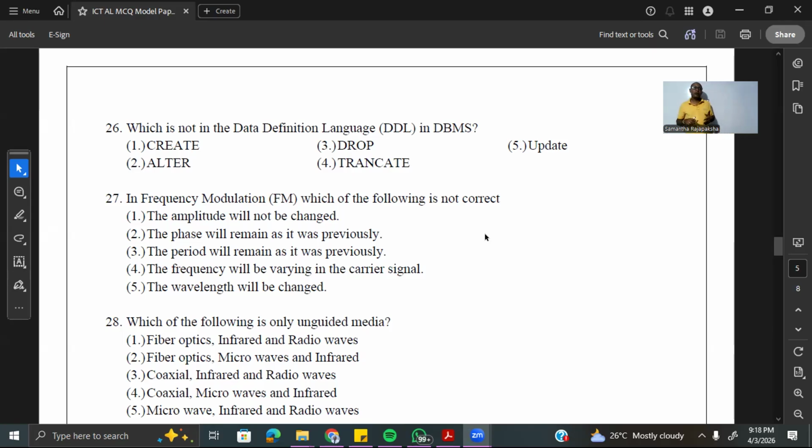So in frequency modulation, we are changing the frequency, in amplitude modulation, we are changing the amplitude, and in phase modulation, we are changing the phase. So always keep in mind, in frequency modulation, frequency will be changed. In amplitude modulation, amplitude will be changed, and in phase modulation, phase will be changed. So just keep in mind those three.